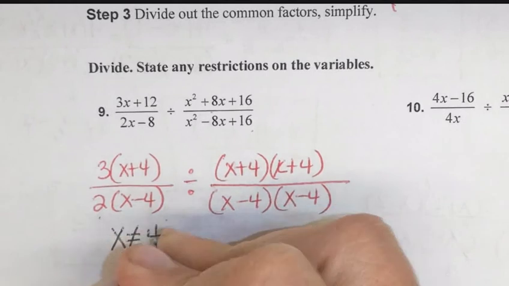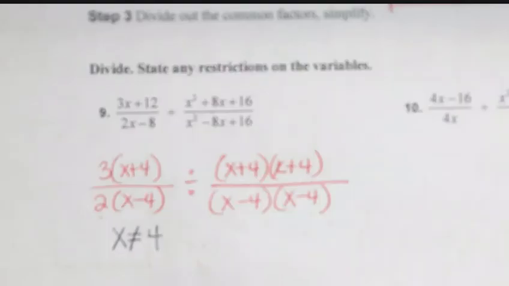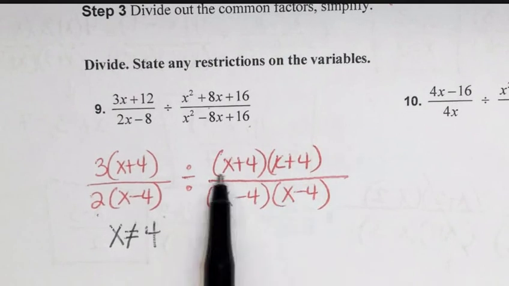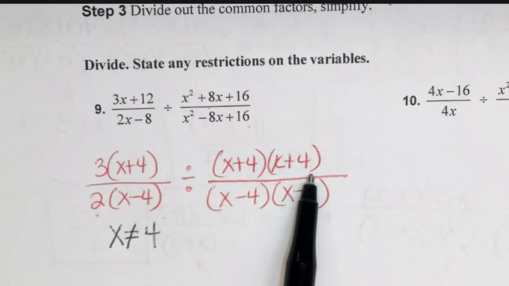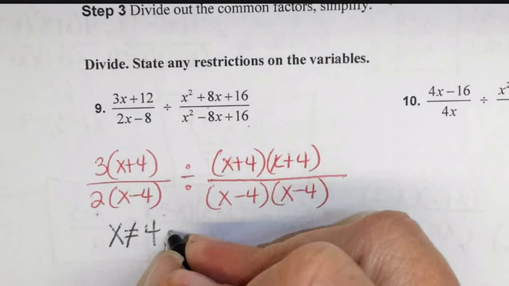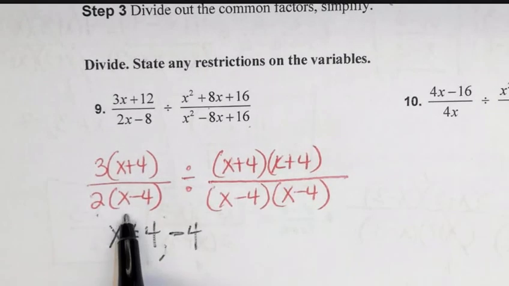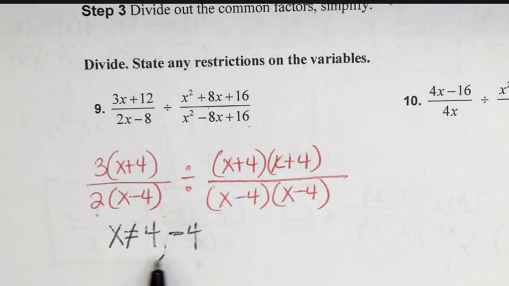Positive 4, not allowed. Now I have to go to my second fraction and the entire fraction. So look at the top first. And then I already have these guys covered because it's the same factor. So I only get the 2 restrictions here because there's a lot of similar factors.